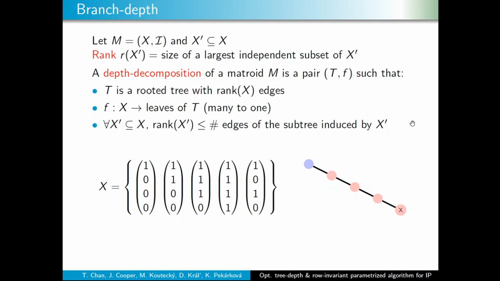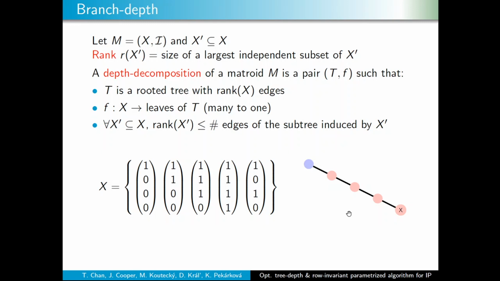So let's consider the following vector matroid X, with the following ground set. And to the right, I have a rooted path of length 4. This is going to be my T in my depth decomposition.